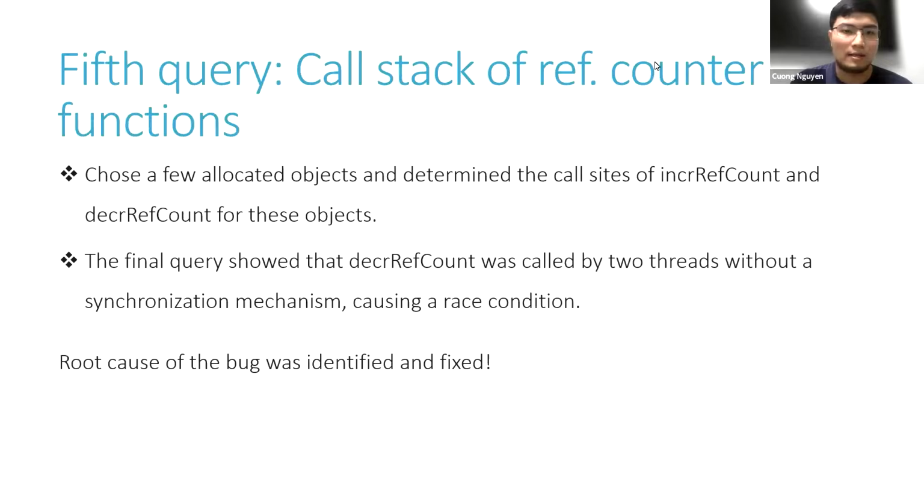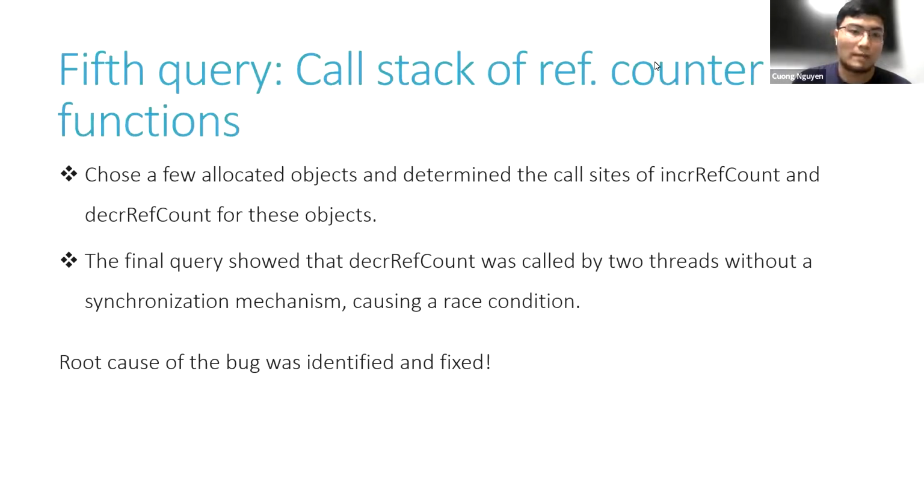And then the developer wrote the fifth query, which is the last one. This query wasn't shown in the paper, but what it does is determine the call sites of the increase ref count and decrease ref count functions, and the query showed that decrease ref count was called by 2 threads without a synchronization mechanism, and this caused a race condition.